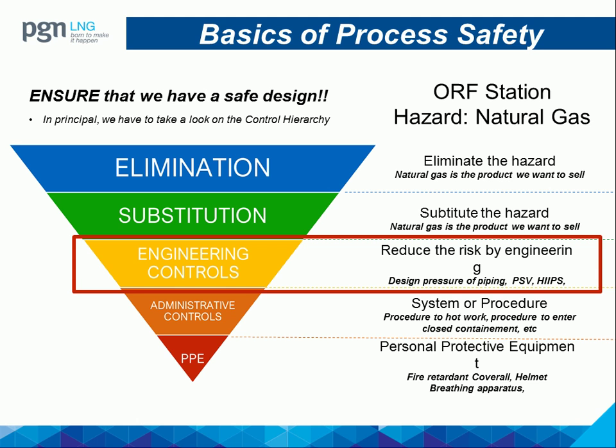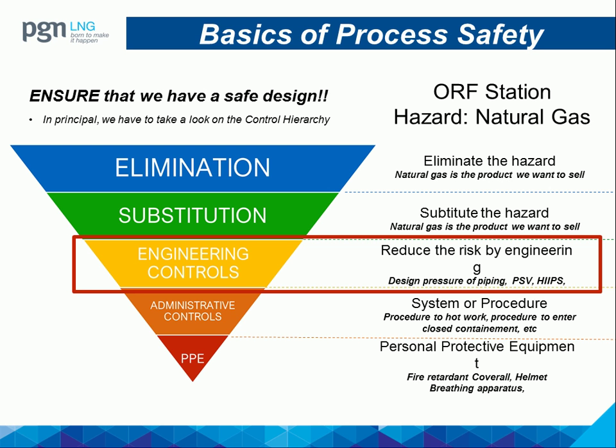And basically this should be done by the engineers who will design a safe plant. For example, we will give the sufficient design pressure of piping. So we need to design the pipe with enough thickness. We need to design a pipeline with the correct materials, and etc.